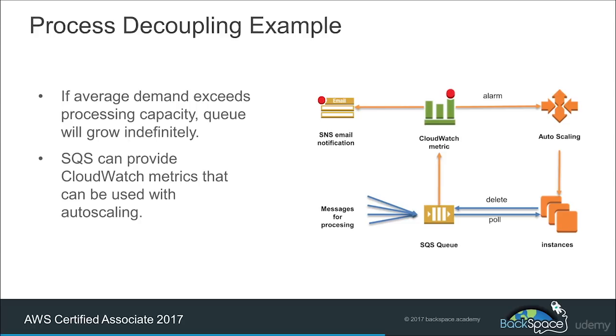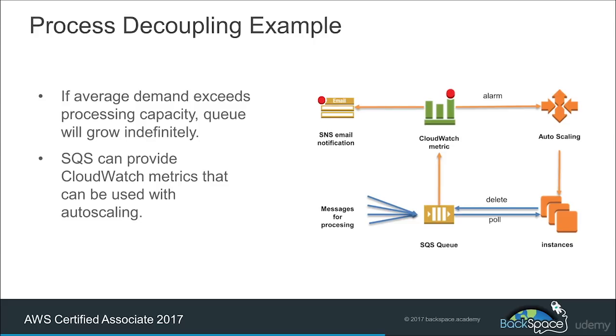So we can set a lower set point that will trigger a CloudWatch alarm when the queue is empty for a significant amount of time, and then we can set that as an alarm to the auto-scaling group, and the auto-scaling group will reduce the number of instances. That way we are not only managing spikes of demand, we are also matching from a long-term perspective the performance of our instances and the capacity of our processing. We're matching that really very well to our demand, and it's going to give us the best performance and the lowest cost solution.